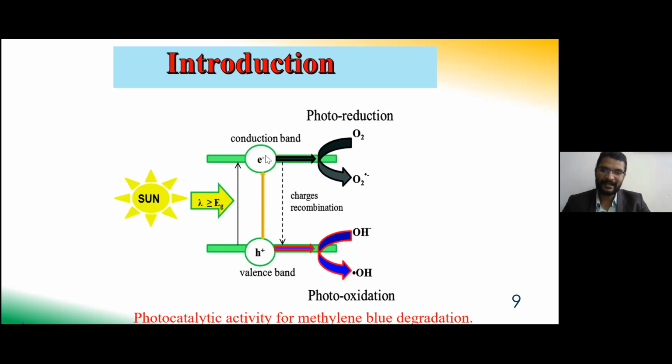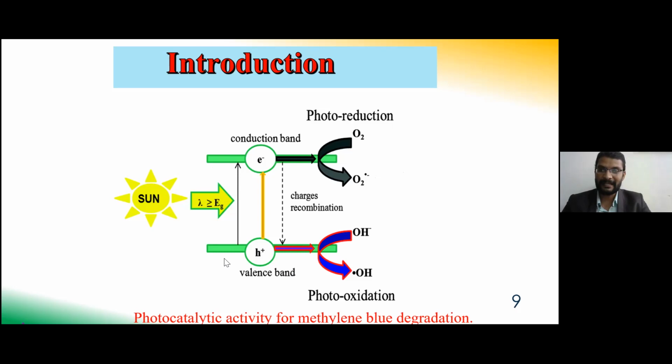The generated charge carriers are used for photo reduction and photo oxidation, which helps the redox reaction. This redox reaction helps generate energy with the help of solar-light-driven water splitting, and it helps to degrade the pollutants. So our main aim is to degrade pollutants using photocatalysis.